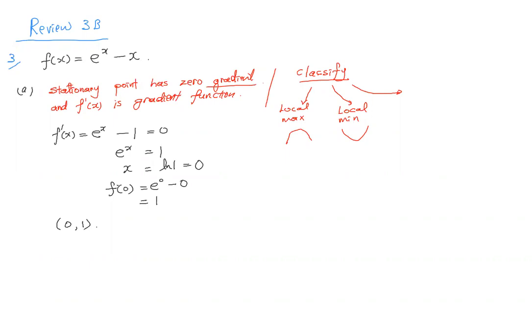So what do we call it? Stationary point of inflection. Yeah. Stationary inflection point, we have 2 types. It can go like that, or it can go like this. Am I right?